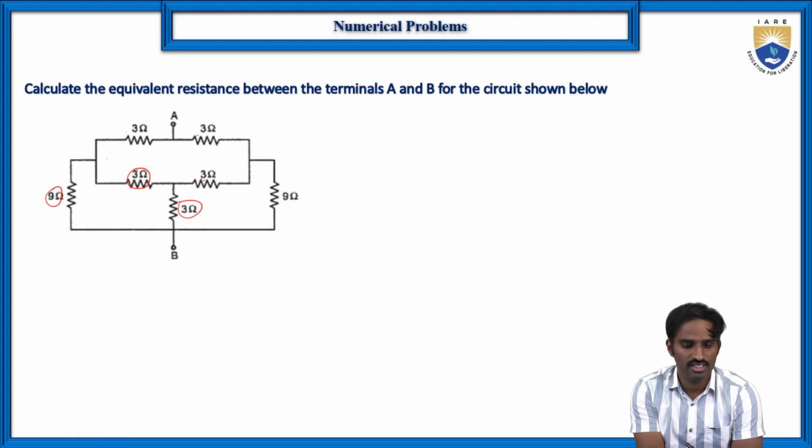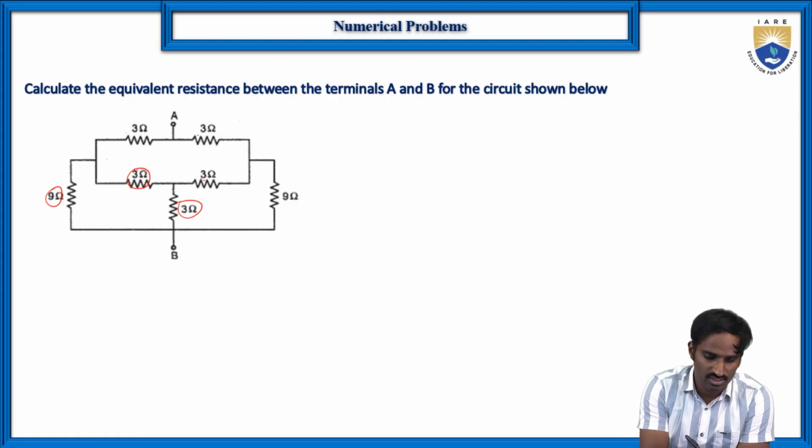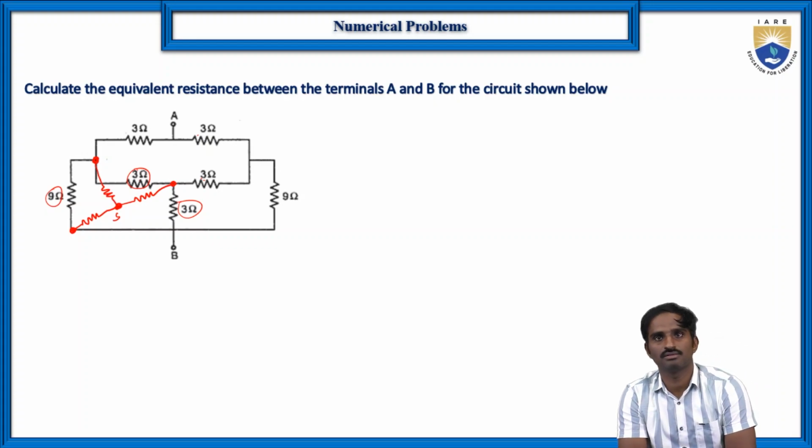So for this delta connected, we can transform into star connected. One common node is there, this is the second one, and this is the third one. In between, you will have 3 resistors. Let us consider the common point is S, and in between these two, one resistor, and in between these two, another resistor.